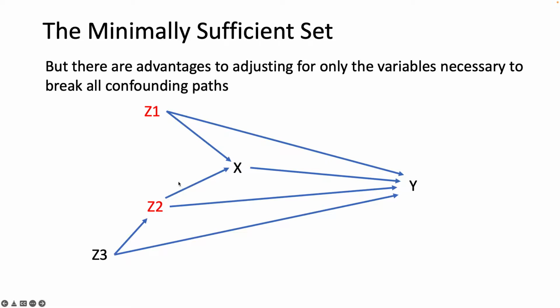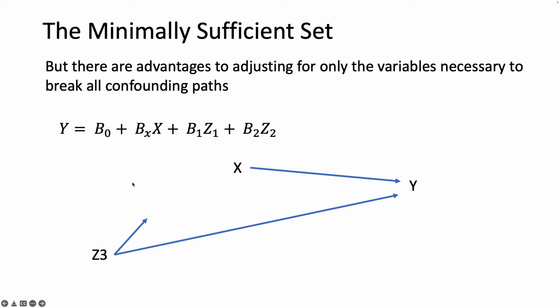So an example of a minimally sufficient set here: although there's three confounders, we can eliminate all of the biasing paths just with Z1 and Z2. So let's put those in the model, and the way I showed that happening is just deleting them from this causal diagram. So we got Z1 and Z2 in there. Now Z3 is still out there, but it's not having an influence on X because we blocked its path to X. So although Z3 has been left uncontrolled, it's no longer a confounder.